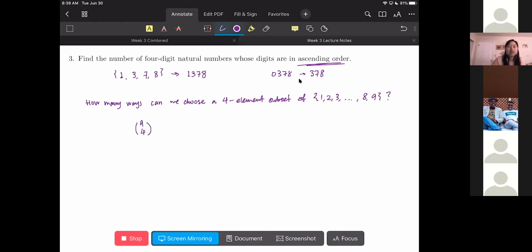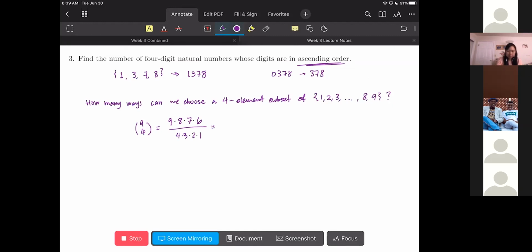Basically, this is the same as the problem that we covered earlier. If we have a set of 9 elements and we want to choose 4 elements from it, that's just 9 choose 4. If we expand this out, this is 9 times 8 times 7 times 6 over 4 times 3 times 2 times 1.